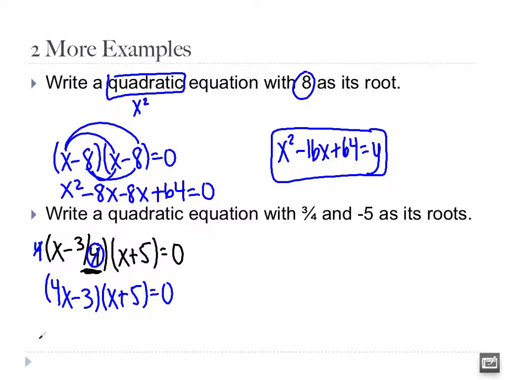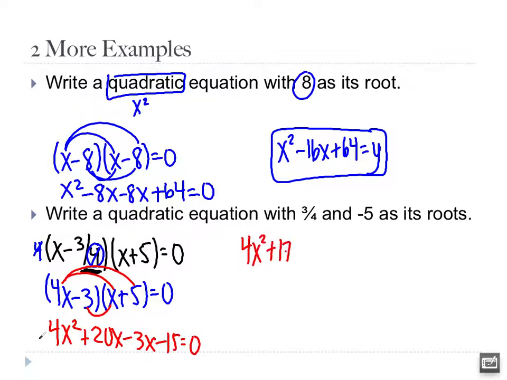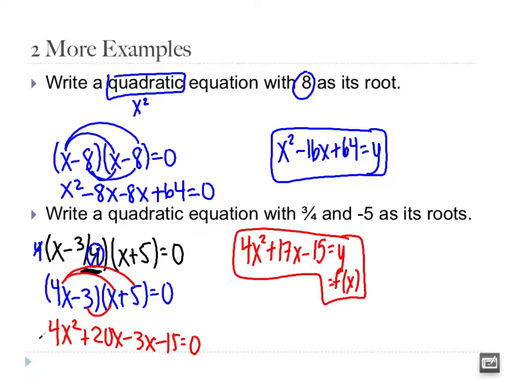Now I'm going to multiply out. 4x² + 20x - 3x - 15 = 0. Combining like terms, 4x² + 17x - 15 is equal to y, or is equal to f(x). That's function notation. We've used that before. So that's writing a quadratic equation given the roots.